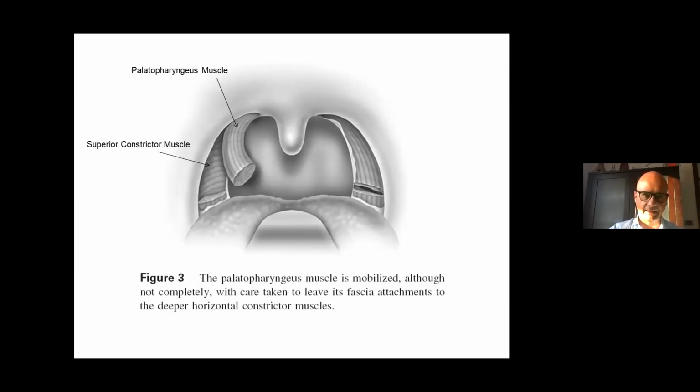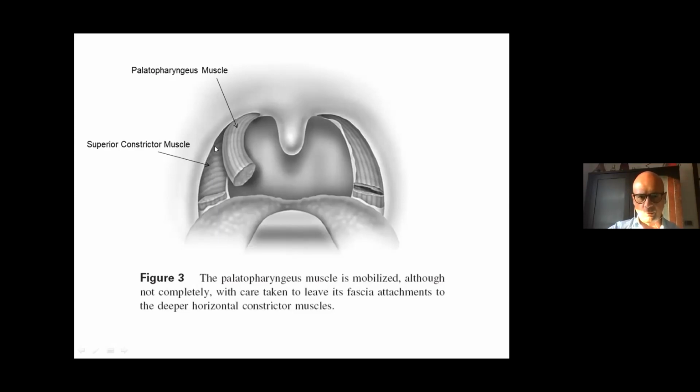Probably it's better if we use a magnification device to understand where the fibers of the palatopharyngeal muscle are. The fibers run vertically. Instead, in the superior constrictor muscle, the fibers run horizontally. So if we use a magnification, a loupe or a microscope, we can see these fibers very well.